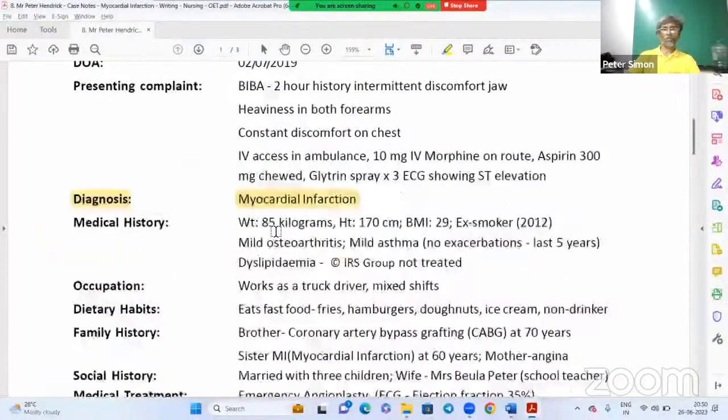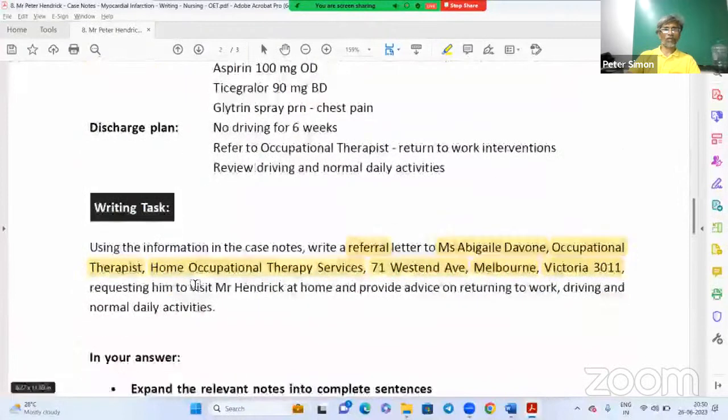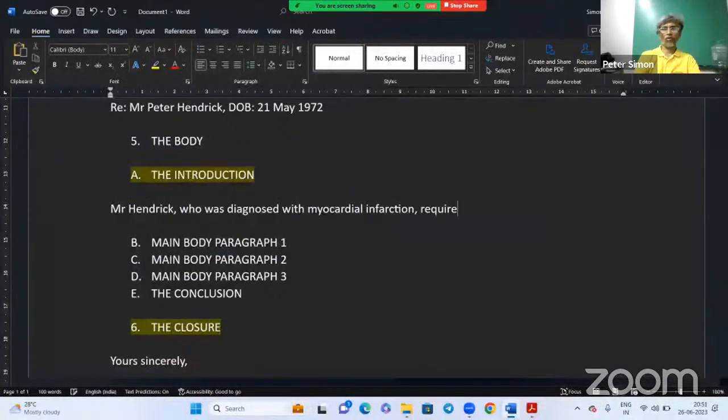So now, purpose of the letter. So requires what? Requires him to visit Mr. Hendrick at home. So requires home visits. So to whom are we writing? Occupational therapist. Home occupational therapy services. So requires home visits.